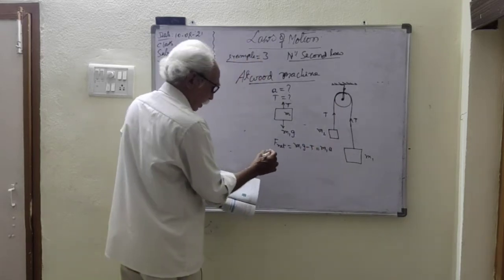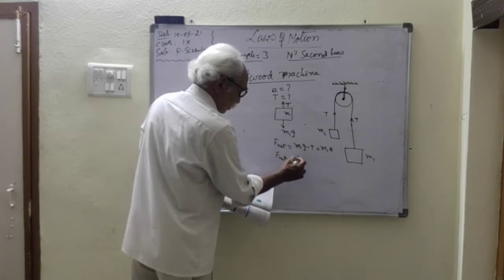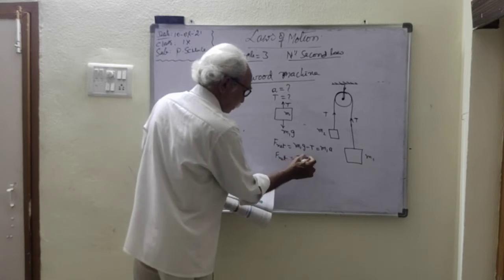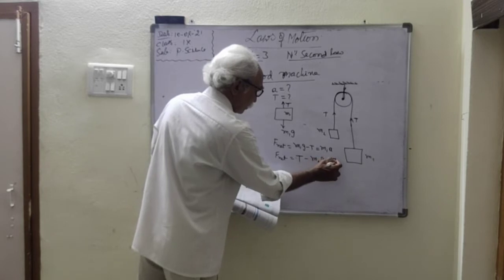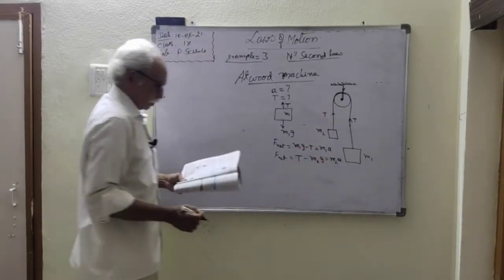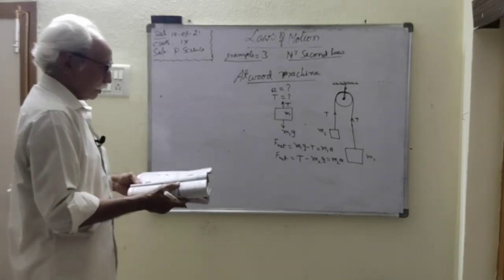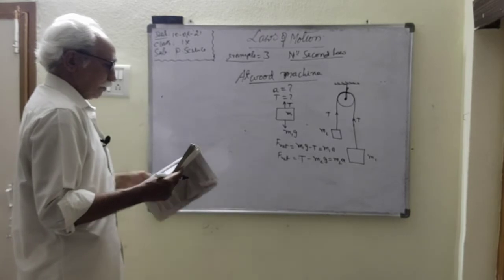Therefore, for the second one, the net force is equal to tension minus M2g, which is equal to M2a. So these are the two equations you get: M1a and M2a as the net forces.